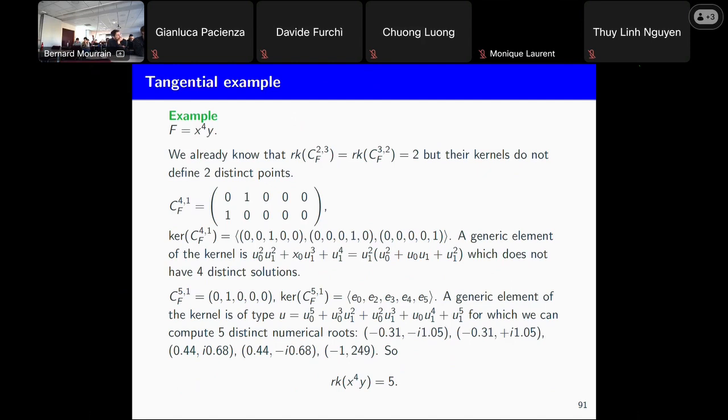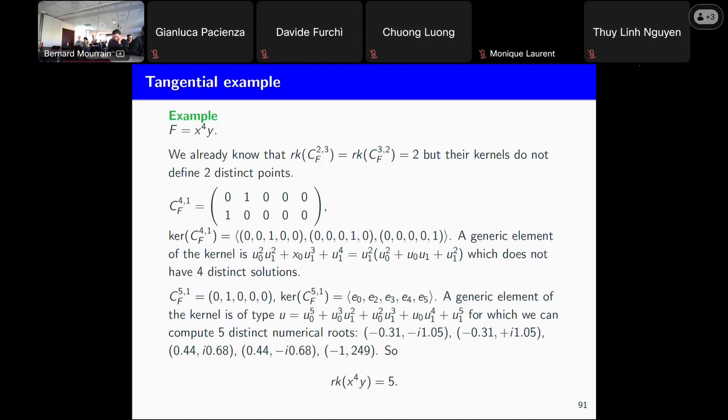So up to now, this is not the last version of the algorithm. The algorithm can be better than that, and we will see it. This is the original version: let's try every time until you reach the right one. But in what we are going to see next, for 2 variables, if you know the border rank, then you just have to check if the rank is equal to the border rank, and if not, that's what we are going to see in the next slides.